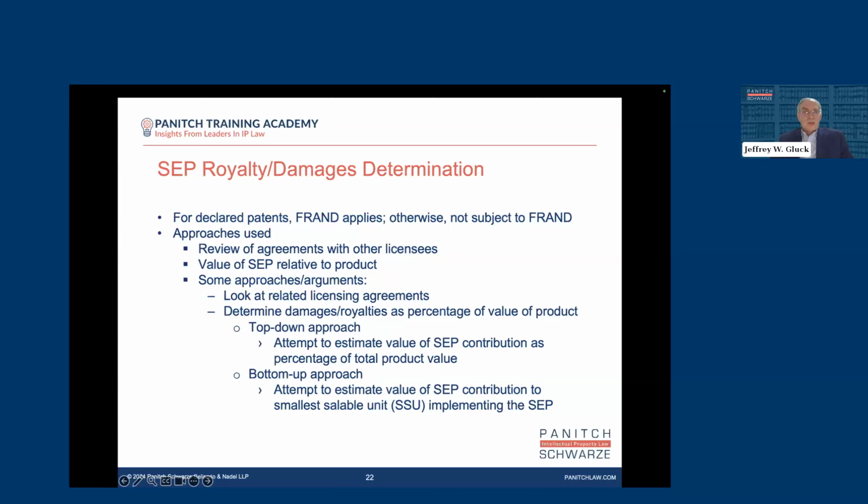So these are actually competing approaches. The patent owner will often start from the top-down approach in their arguments, and the implementer may start with the bottom-up approach, and somewhere the court or the negotiation has to end up making some balancing between these approaches.